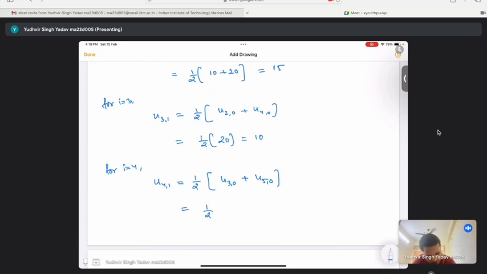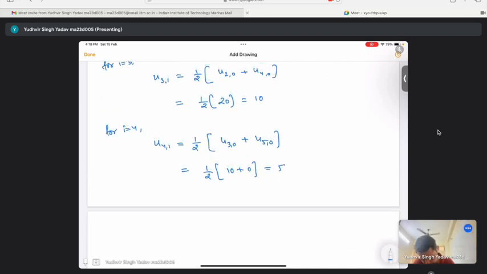Its value will be 1 by 2 times 10 plus 0, as this is the boundary point. So using the boundary conditions, the value is 0. So the required answer is 5.